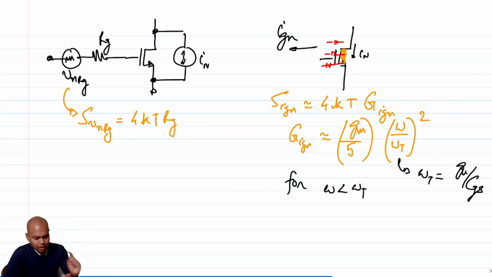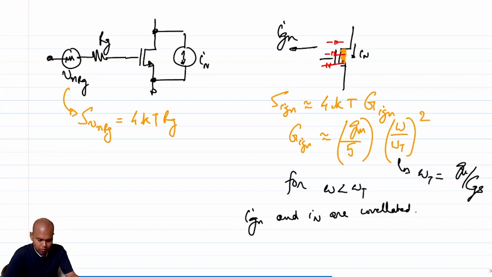Another key aspect of this noise, this IGN, is that IGN and IN are obviously correlated, right? The source is the same.